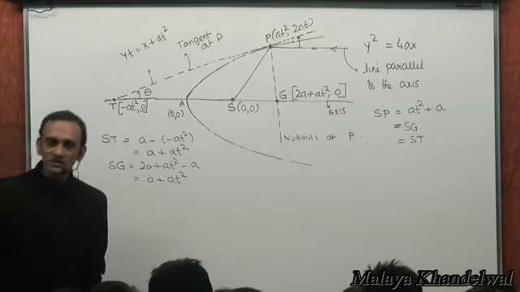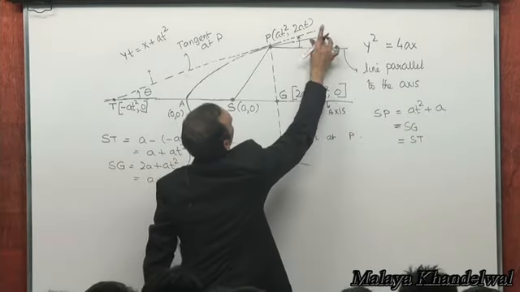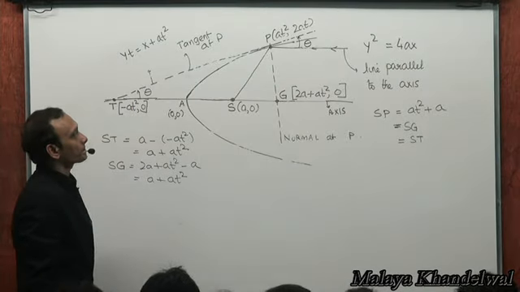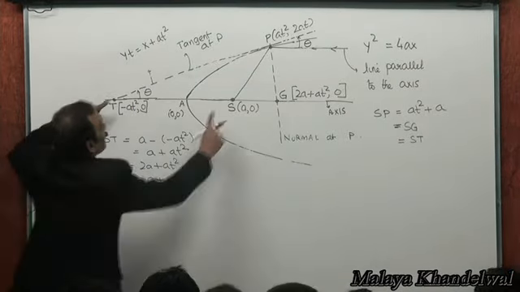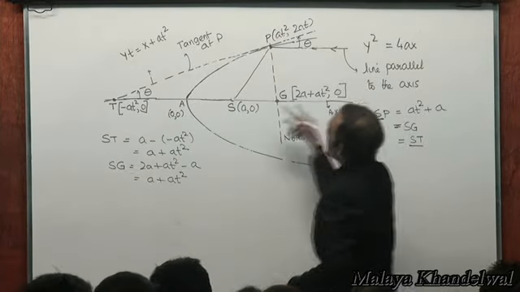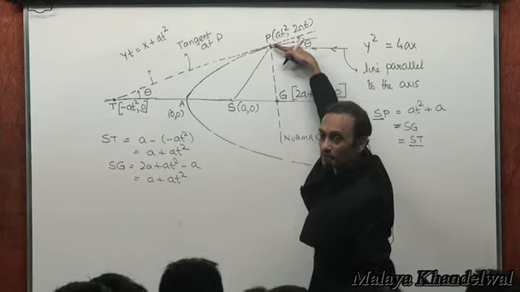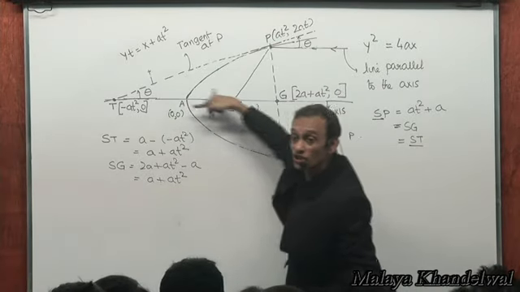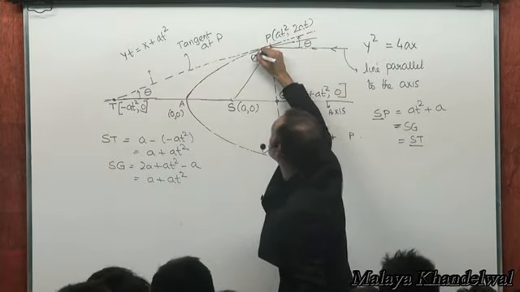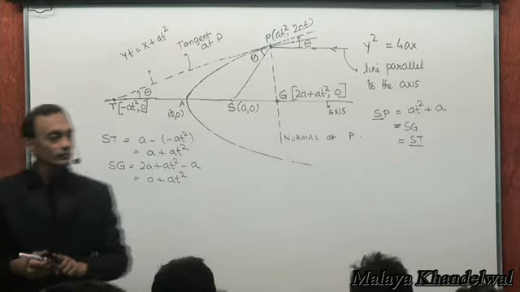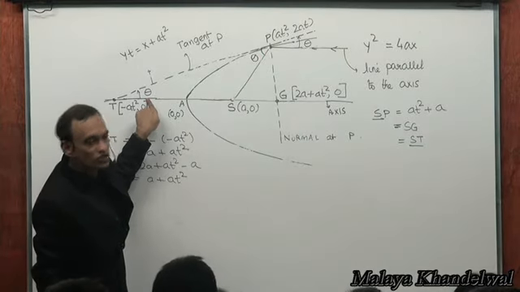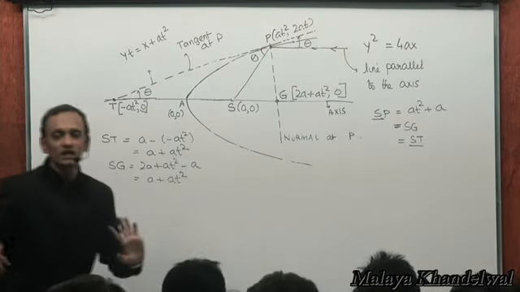Theta, corresponding angles. Right. Now, ST is the same as SP. Therefore, SPT is an isosceles triangle. And therefore, if this angle is theta, this must also be theta. Yes or no?